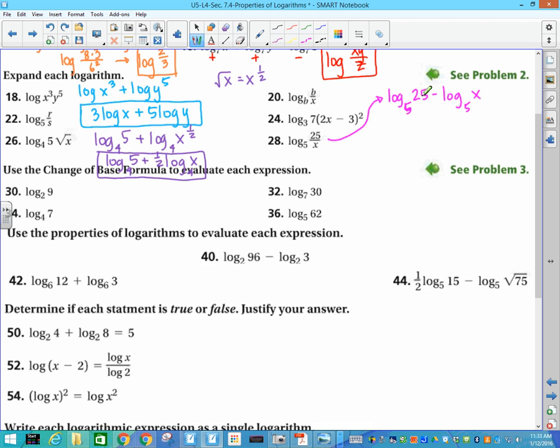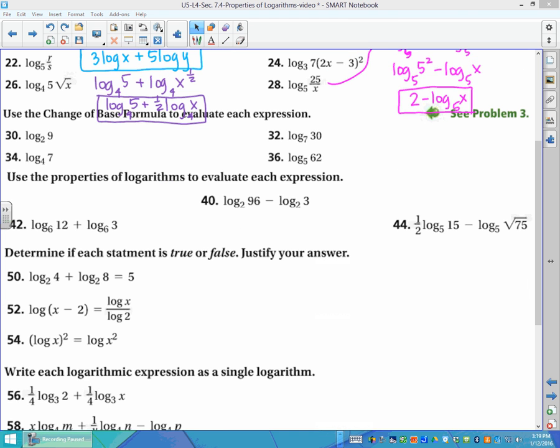Well, I hope you're all thinking to yourself 25 is a power of 5, so this is log base 5 of 5 squared minus log base 5 of x. So this, of course, is my White House, and that's 2 minus log base 5 of x. So that's what that becomes. All right. I need to pause. I've got a class. I'll finish up and do some examples of the rest of those problems.